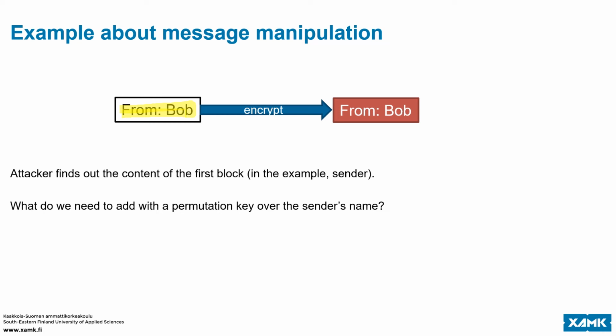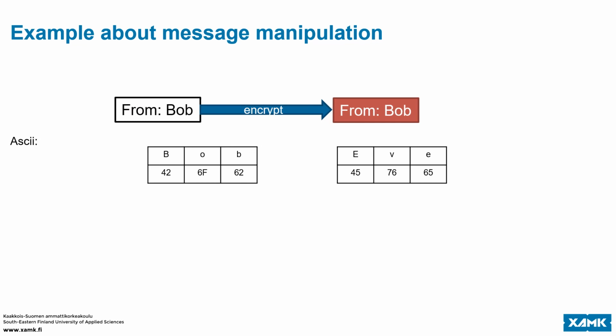So let's think, what do we need to add to the ciphertext with a permutation key to write over the sender's name? To do this, we have to know a little bit about the arithmetic having to do with how data is actually encoded and stored.